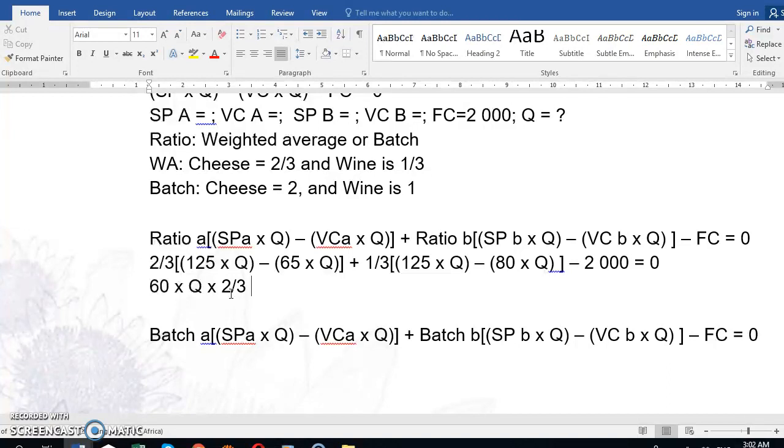Then 125 minus 80 is 45, and the 45 gets multiplied by the Q and by 1/3. So effectively you have those two brackets now.